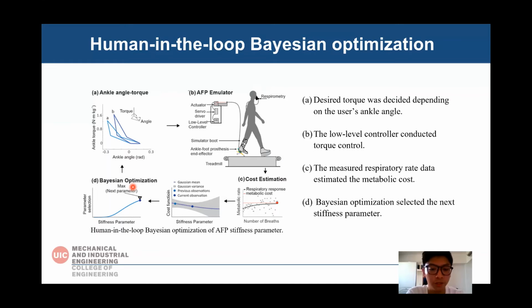Bayesian optimization is a method that uses previous data to predict the value of the best condition. During the optimization, it has 4 points randomly in 4 different ranges. Like our range of stiffness parameter was 0.5 to 1.5.